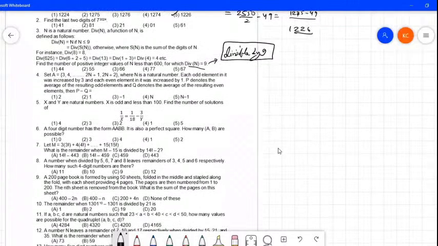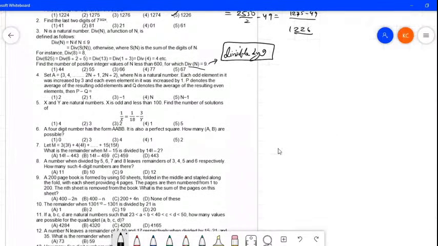Question number 5. Okay, question number 5. So what we do is we can write this as, I'll rate this question as at least moderate to difficult. Okay. 1 by 18. When we write it, we get y plus 3x over xy, 1 by 18.